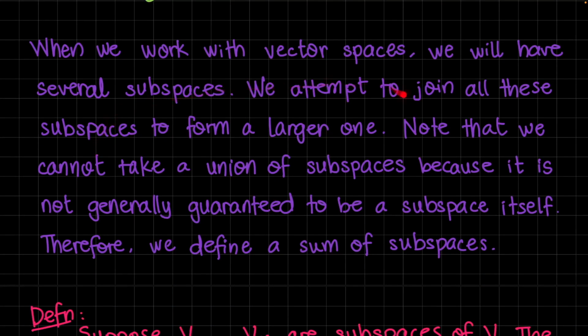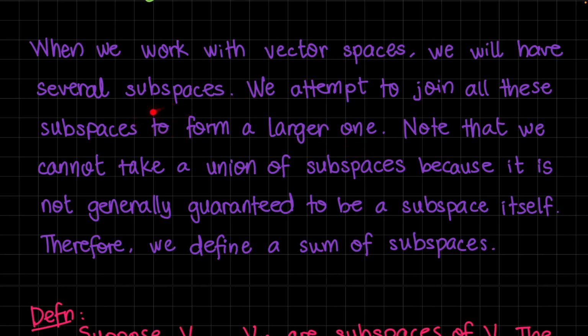So when we work with vector spaces, we will have several subspaces in the most general situation. You rarely work with just one. We attempt to join all these subspaces to form a larger one. And how will we join them? You might assume that since they're sets, you might try to take a union. But sure, that works if it's only a set or a subset in this case.